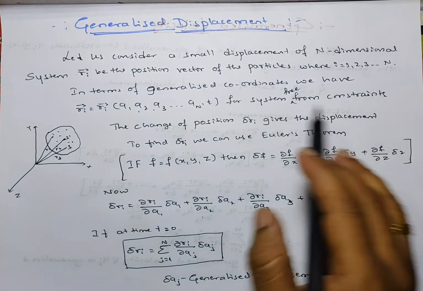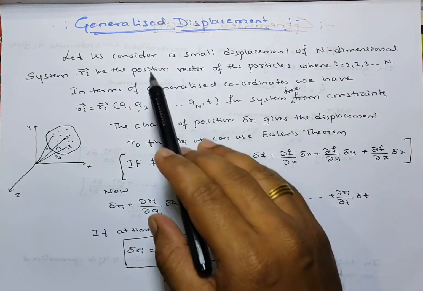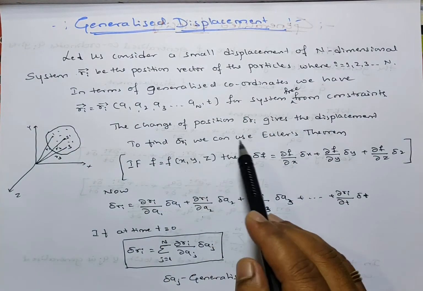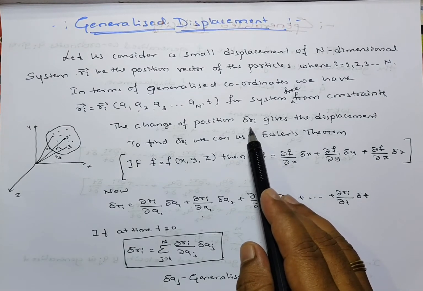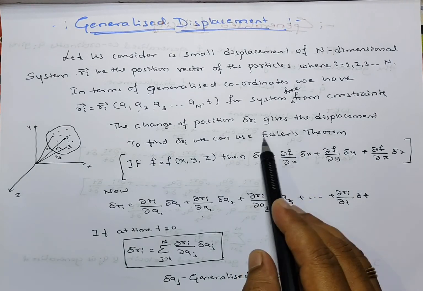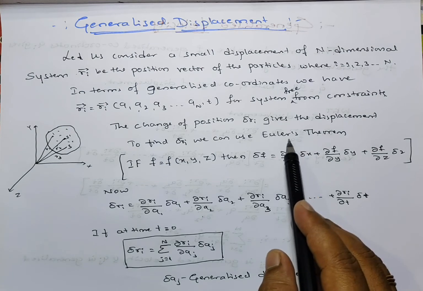Before discussing the generalized displacement, we need to know about Euler's theorem. To find del ri, we need to use Euler's theorem. What is Euler's theorem?